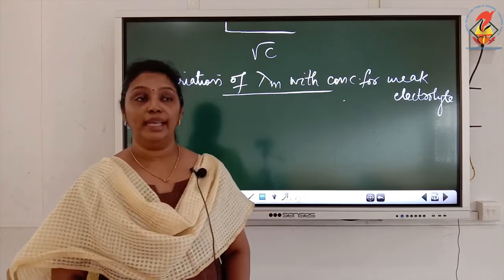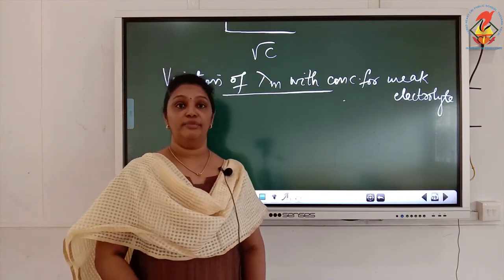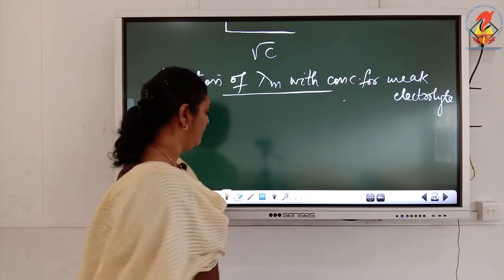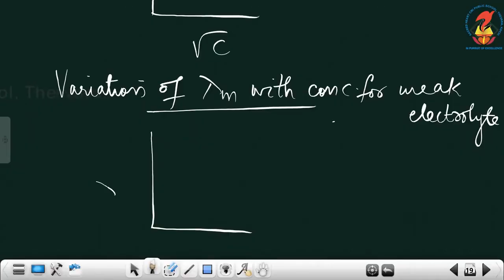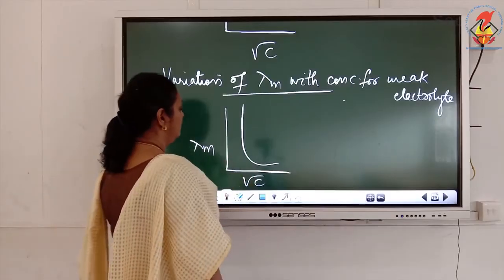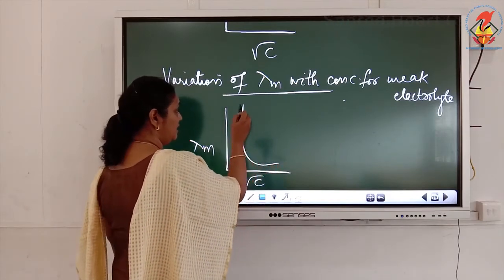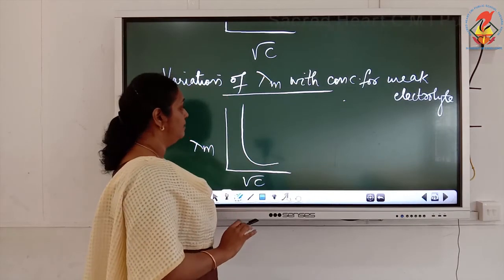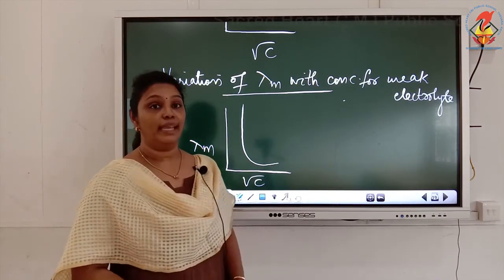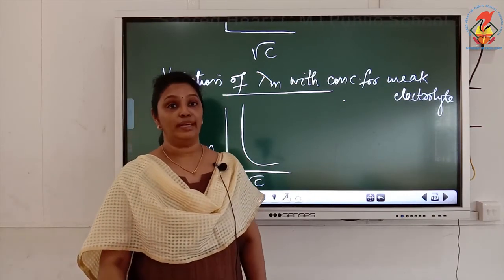Okay. Now again, if we plot a graph between lambda m and root C, we get a graph like this. This is the increase in molar conductivity, and it increases steeply, and here we cannot get the value of lambda naught m.